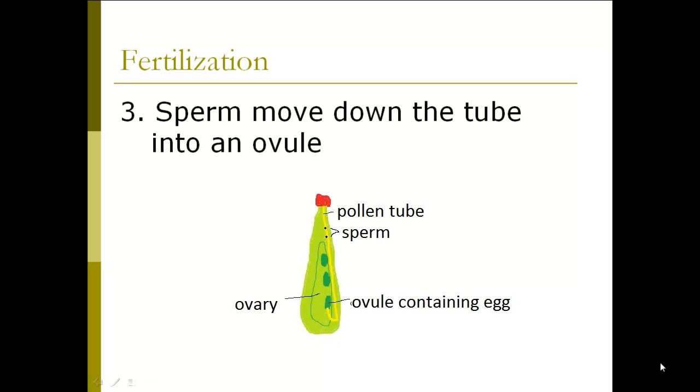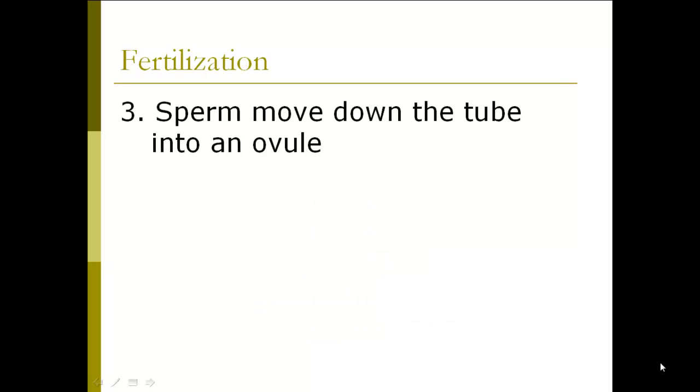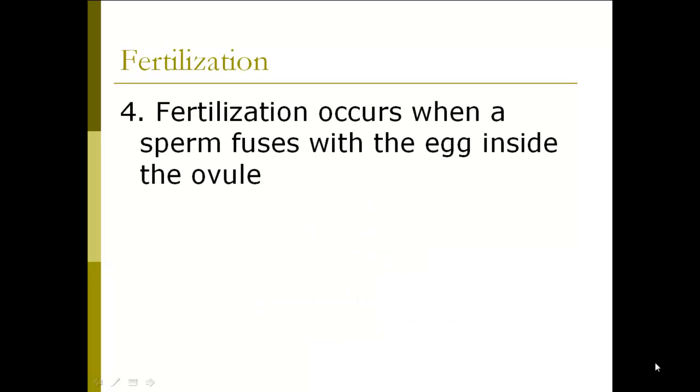Sperm travel down that tube into an ovule. And let's remember that the sperm comes from the pollen grain. Fertilization occurs when sperm fuses with an egg inside the ovule.